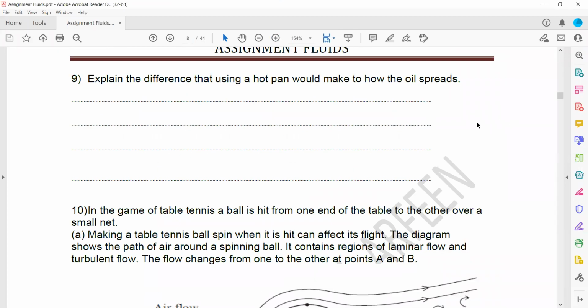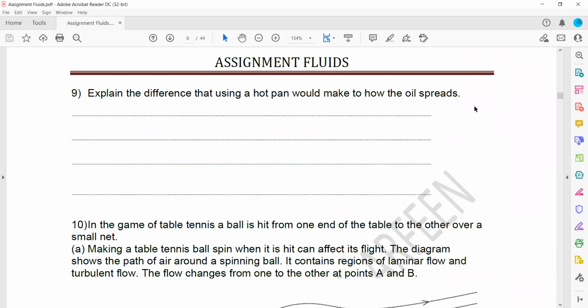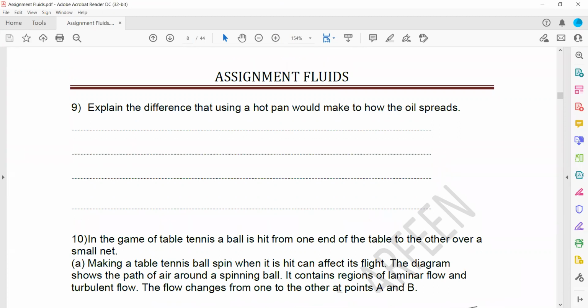Explain the difference that using a hot pan would make to how oil spreads. For example, if we make a pan hot first and then we add oil, what difference will we observe? When the pan is hot, the viscosity of the oil decreases, and when the viscosity of the oil decreases, it will flow quickly.